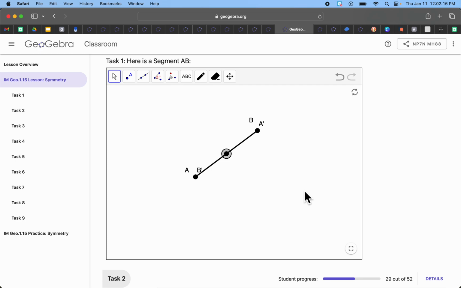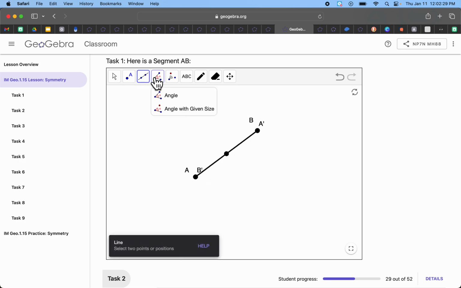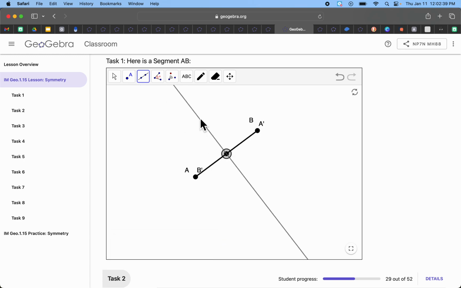All right. And notice the A ended up there. Couldn't we also reflect then, right? Have A land on B and B land on A, right? So how do we do that? I think that if we had the perpendicular bisector here and use this, maybe something like, I think that's probably close, right?